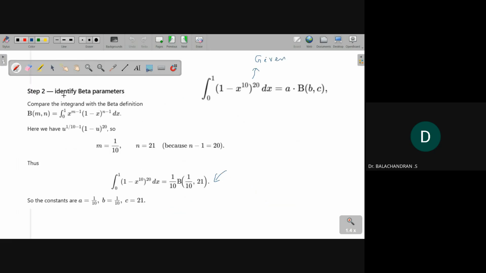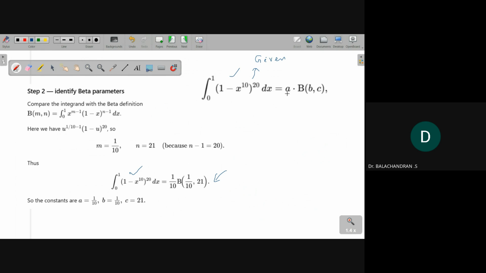And it is given in the question that this integral equals a into beta of b comma c. The left-hand side is the same; this is given in the question, and this we got using the substitution. So now you can equate the right-hand side.